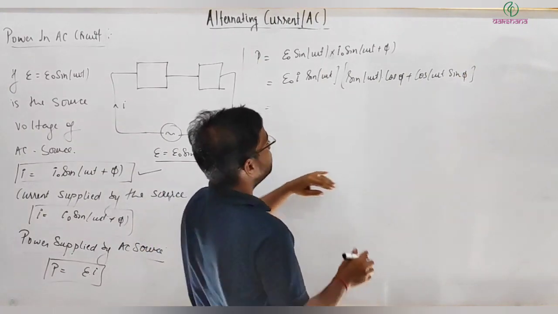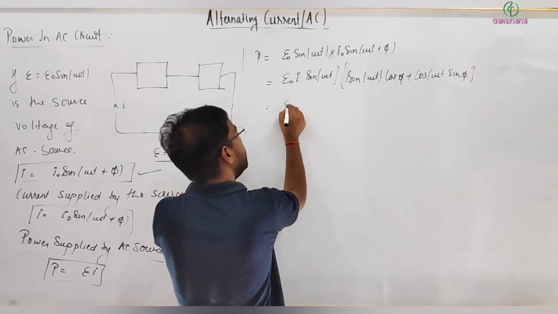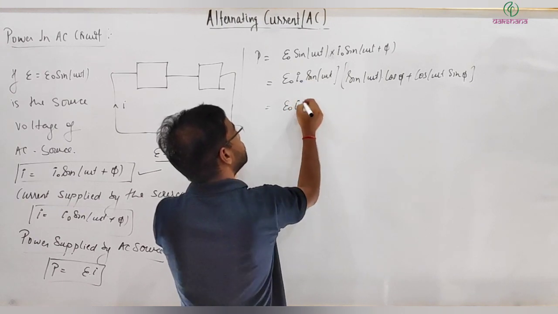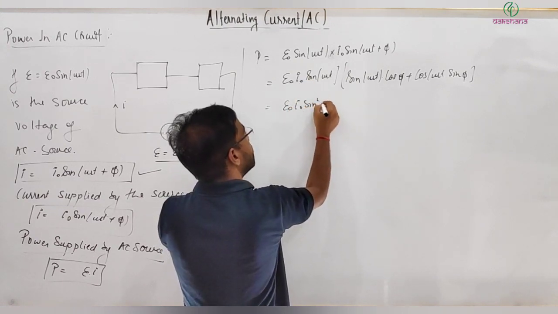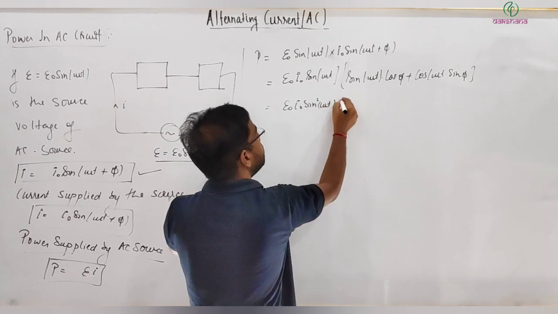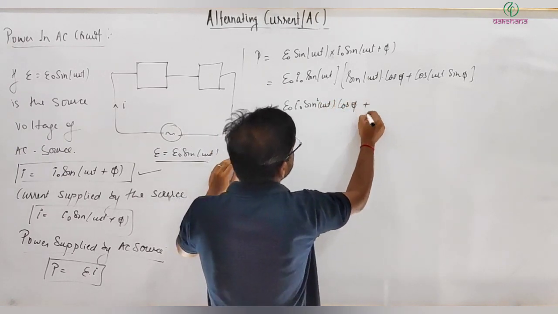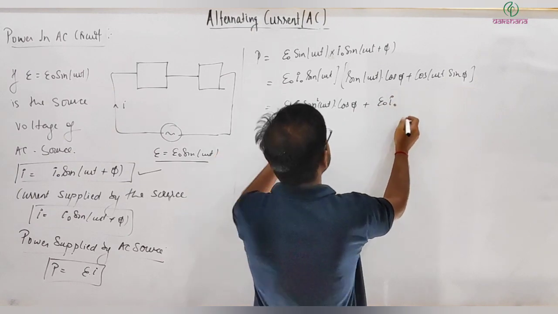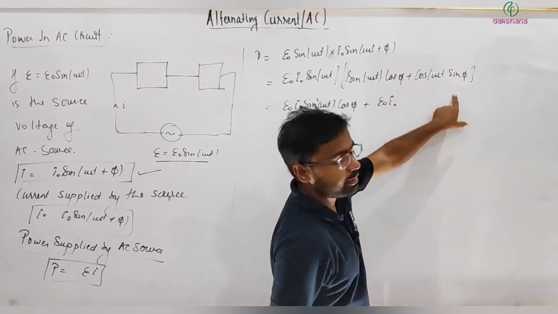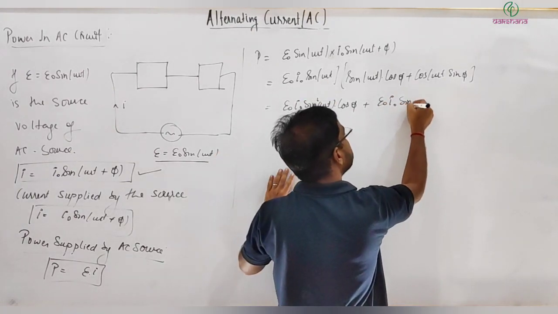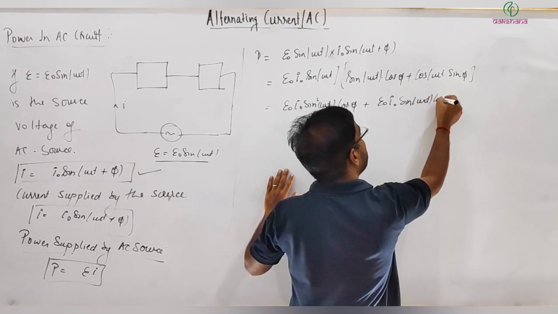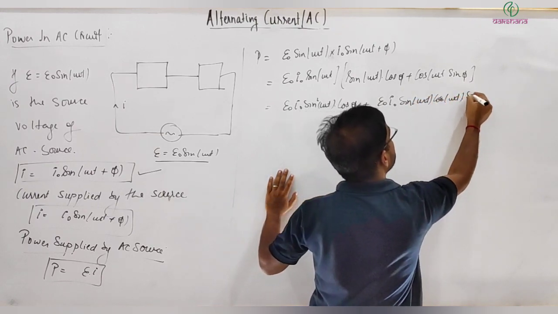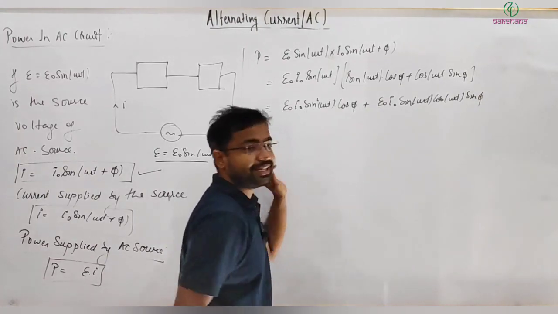Again, further multiplying it, it will be E naught I naught sine square omega t into cos phi, plus E naught I naught sine omega t cos omega t into sine phi. Clear?